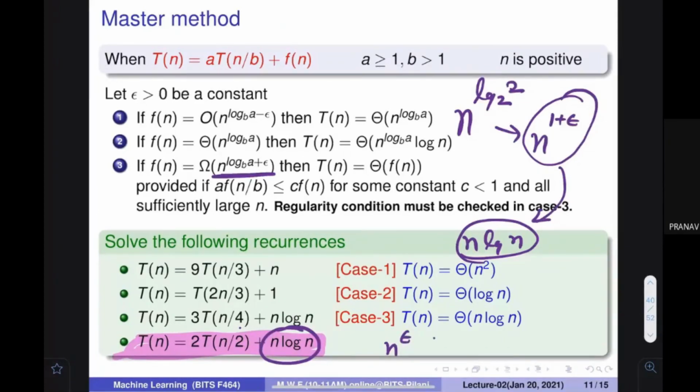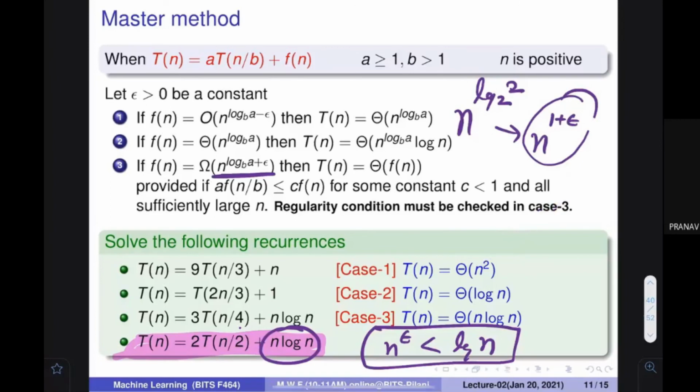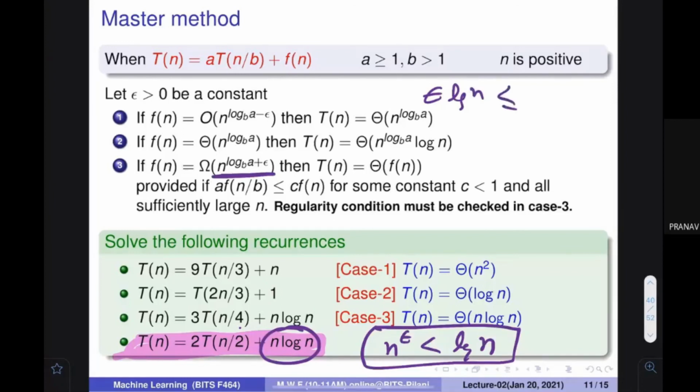If it is less than log n, then only I can say that it is case 3. But it is not like that. This actually doesn't hold. Why? Because you can take the log on both sides, and you can see that epsilon log n is less than or equal to log n. Am I right?